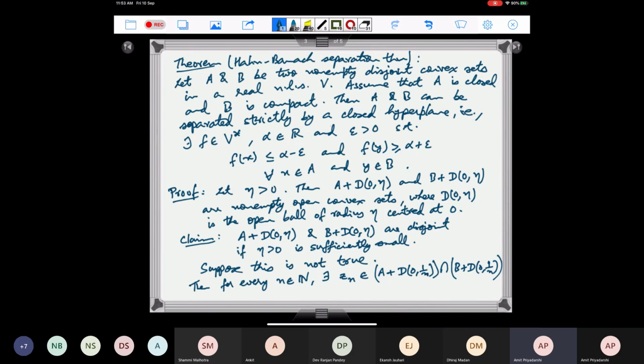You can look at Rudin's functional analysis book, where they talk about topological vector spaces, and the Hahn-Banach theorems are true for general topological vector spaces also. But we will not discuss that, because then I have to do many other things.